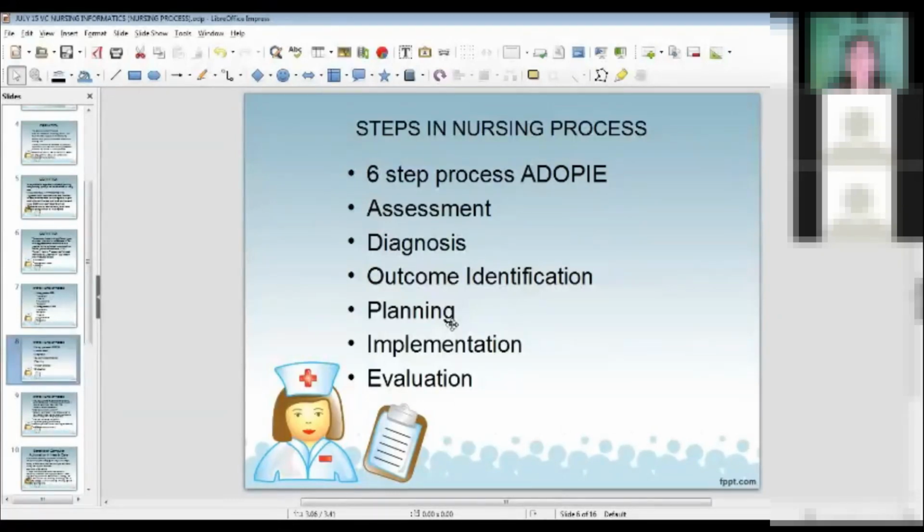So when we say specific, at the end of our interventions, the patient will verbalize relief of pain from 8 to at least 5. So from severe, it became moderate. That is being specific.